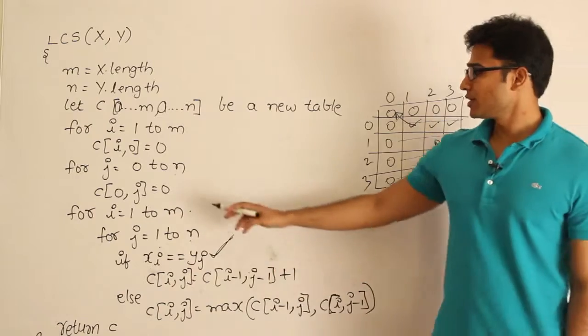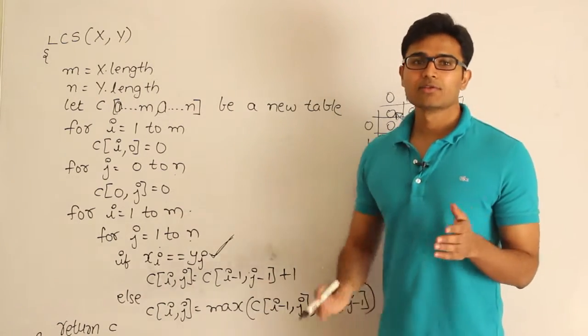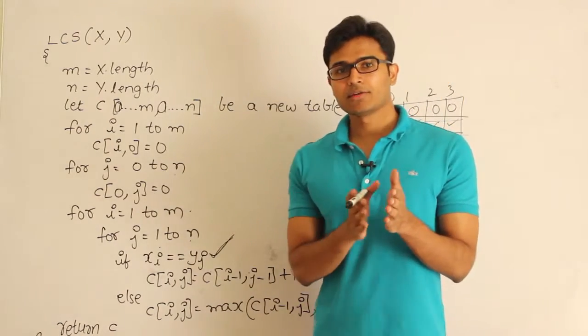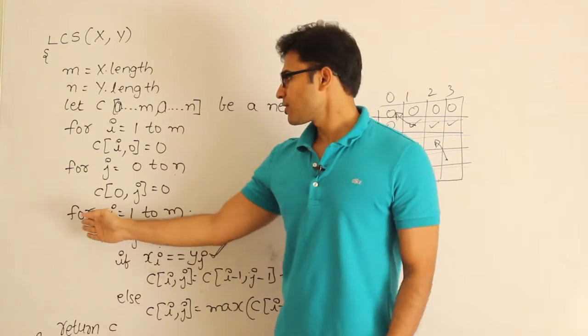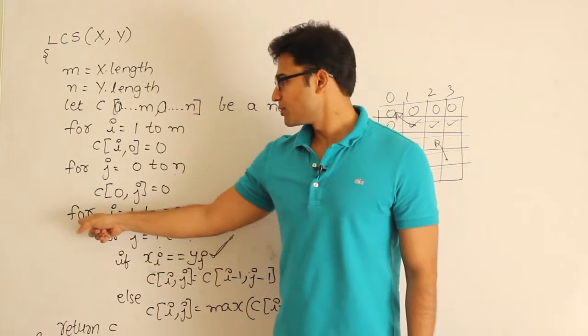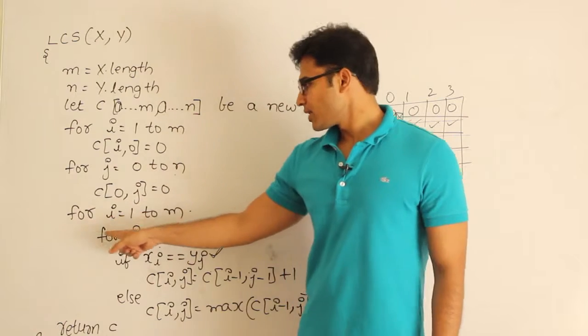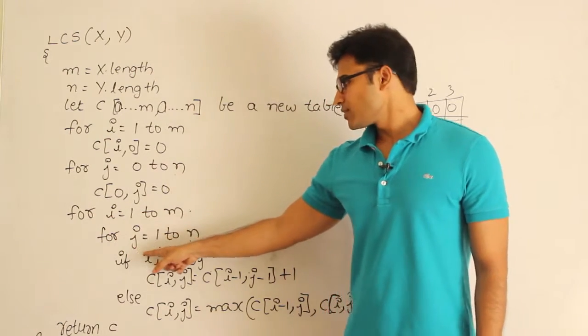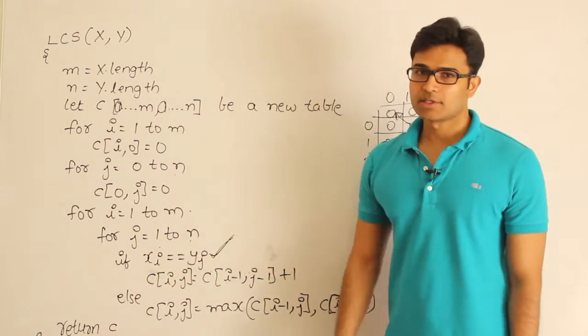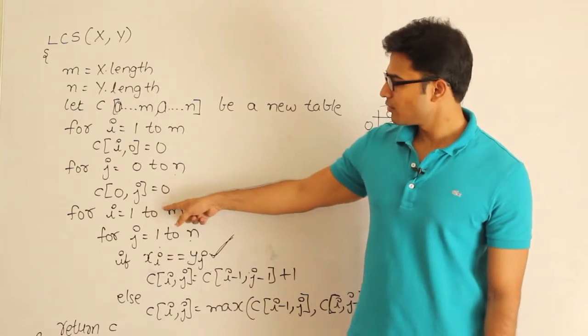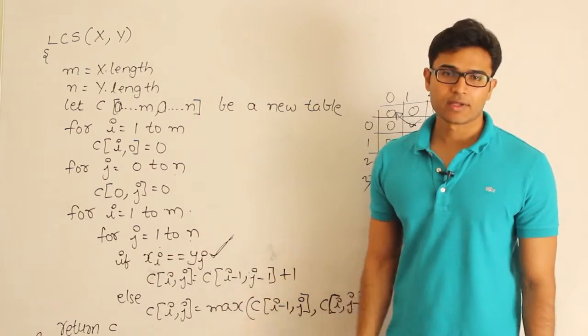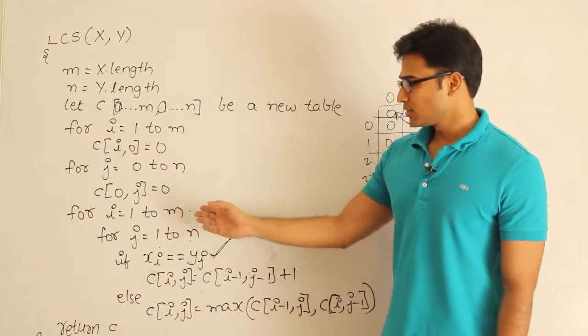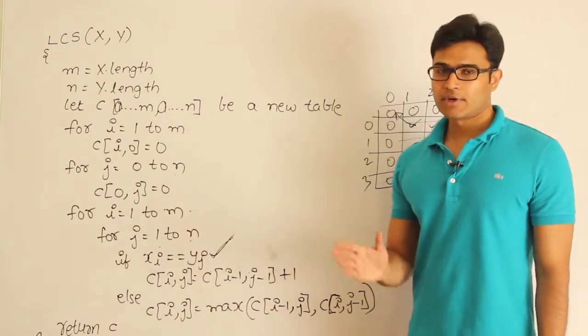See this, in all the algorithms which I have written, you just look at the indentation. Indentation means I am writing some code inside some code. So this means that there is a for loop, inside which there is one more for loop, inside which there is an if, and inside this there is this statement. So you just look at the indentation and understand where it is.